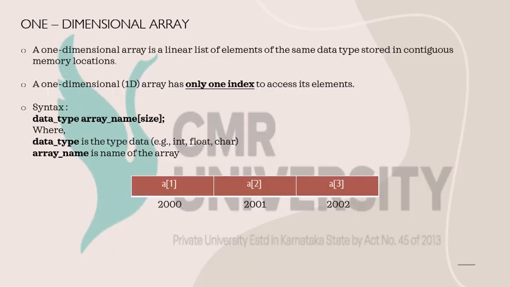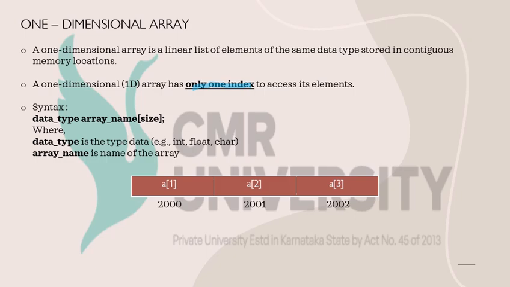One-dimensional array. A one-dimensional array is a linear list of elements of the same data type stored in contiguous memory locations. A one-dimensional array has only one index to access its elements. Syntax: data_type array_name[size]. Data_type is a data type, for example int, float and char.